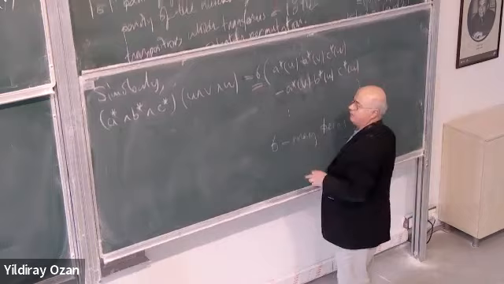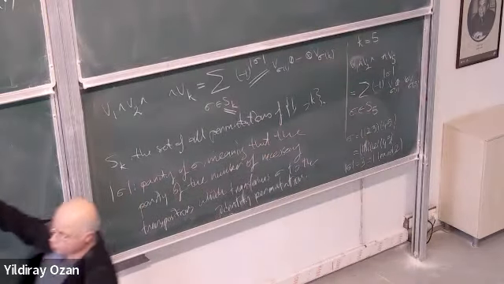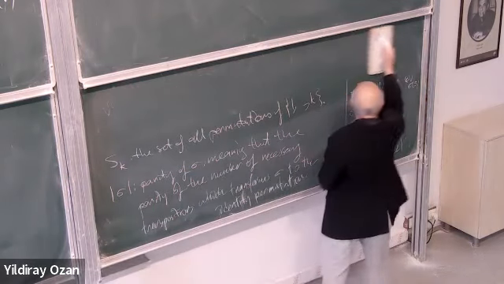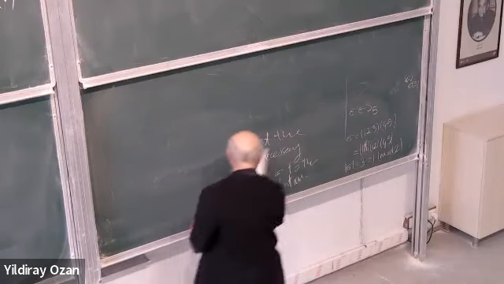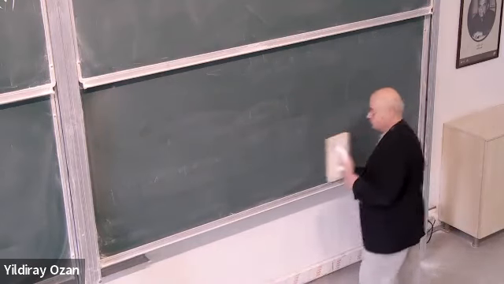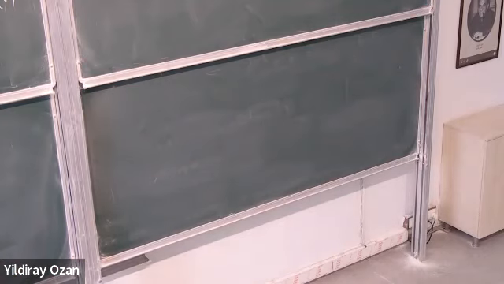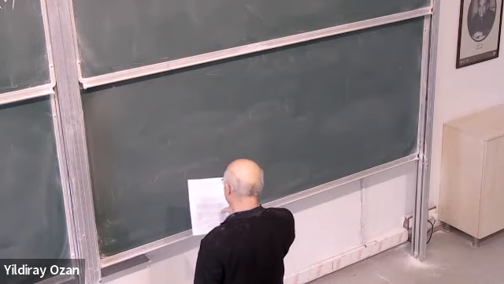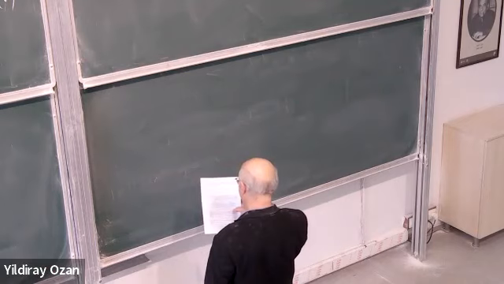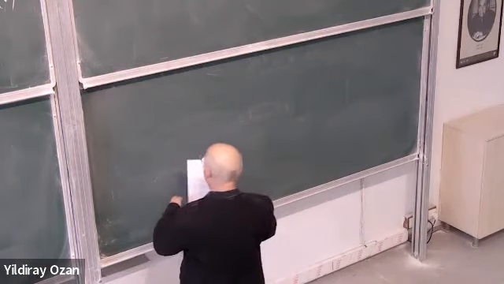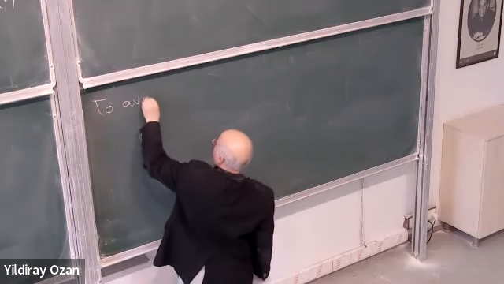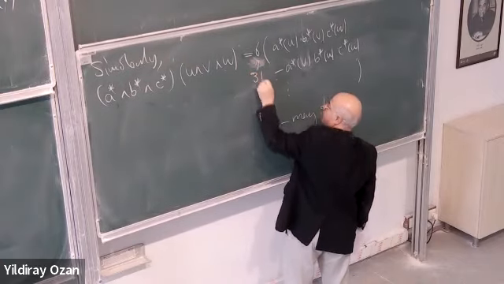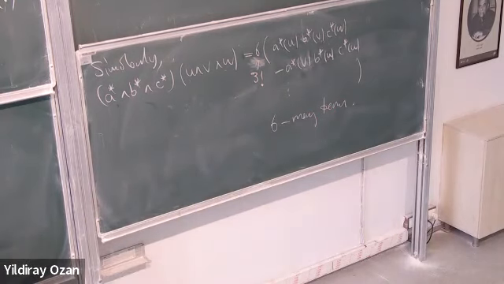Okay, so to avoid such things, we make the following definition. We don't use the definition given by tensors, but instead we make the following convention, which will make life easier. So to avoid these coefficients, so here, of course, this 6 is just 3 factorials, and here this 2 is just 2 factorials.